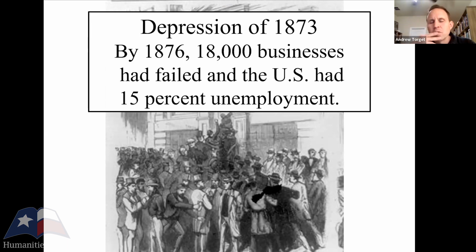I've got one basic statistic here I was going to share with you guys. There's a whole raft of things, but by 1876, 3 years into the Depression, about 18,000 businesses had failed, and unemployment in the United States goes up to 15%, right? That will only be exceeded by the Depression of 1893, and then of course the Great Depression, which gets it all the way up to 25%.